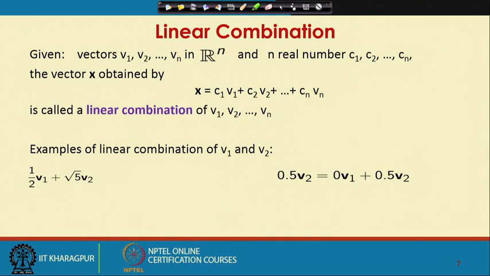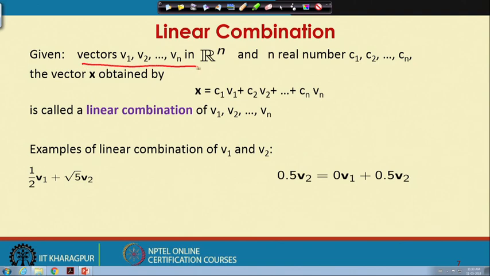What do you understand by linear combination of vectors? Let us consider vectors v1, v2, v3, v4 up to vn in n dimensional real space, and also consider n real numbers as C1, C2, C3, C4, C5 up to Cn.